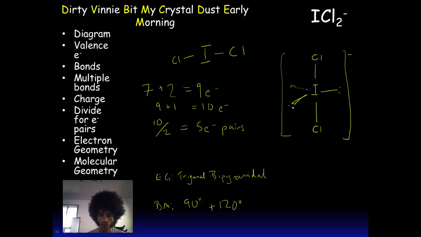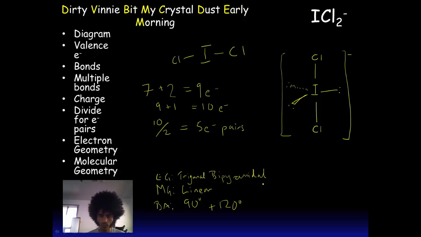And I'll just represent them by dots. Now if you look really carefully, you'll notice that this molecule has 10 electrons attached to the central iodine. It's an expanded octet and an ion. Now I could redraw this, and if you're sharp enough, you can see that actually the chlorines are on equal sides from the iodine. So my molecular geometry here is linear.